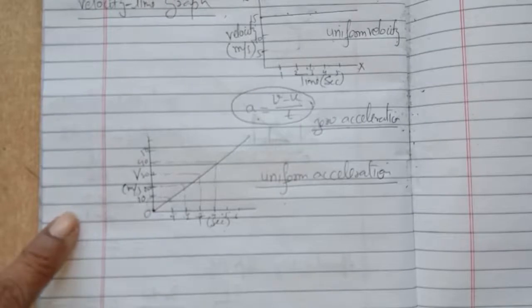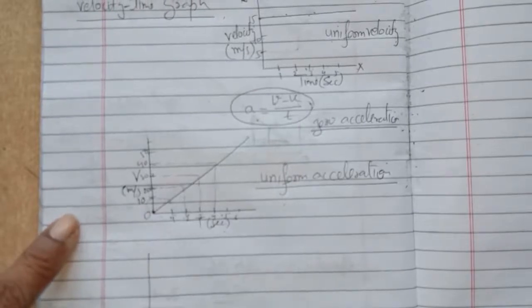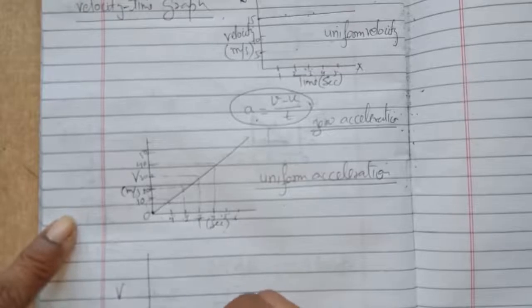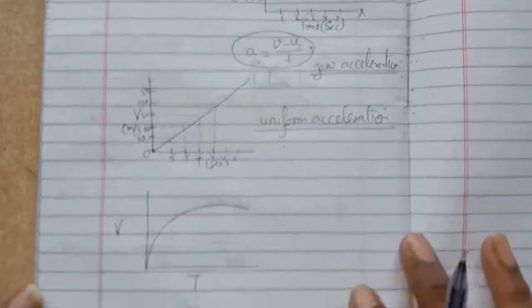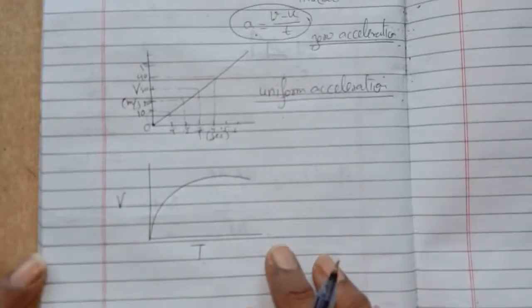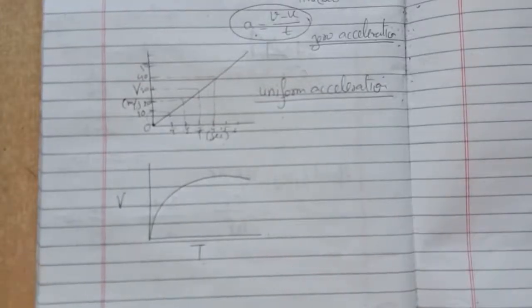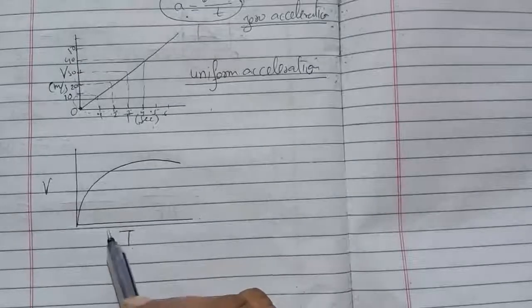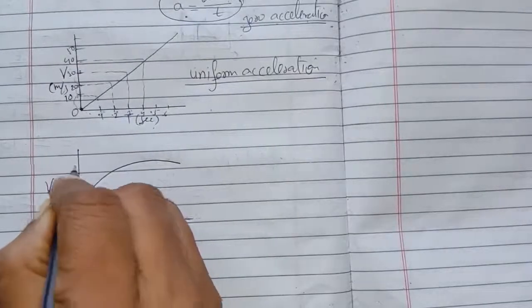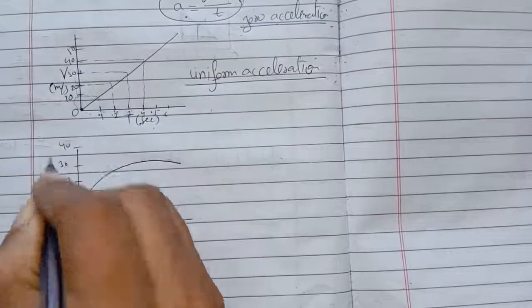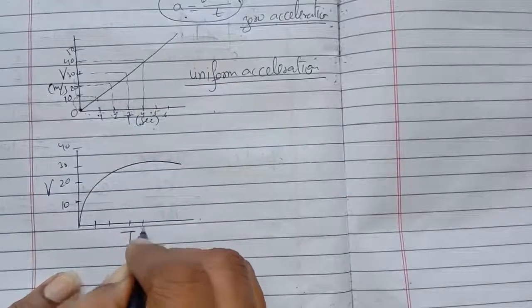Okay. Now the third case. If the velocity-time graph can be any type of curve like this one, this is a curve of the graph. Suppose we are taking the values 10, 20, 30 and 40, and the time is 1, 2, 3, 4, 5, 6.